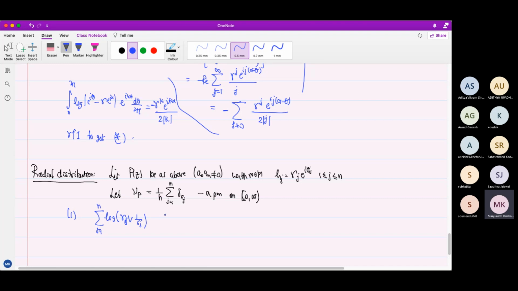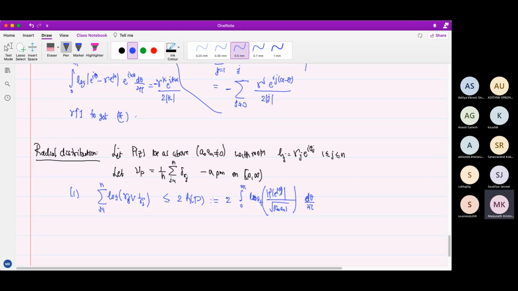If I add that, it is bounded by 2 times the same quantity which we use to control h of p. You remember h of p is 2 times the integral from 0 to 2 pi of log plus mod p of e to the i theta over square root of a_0 a_n, and then d theta over 2 pi.